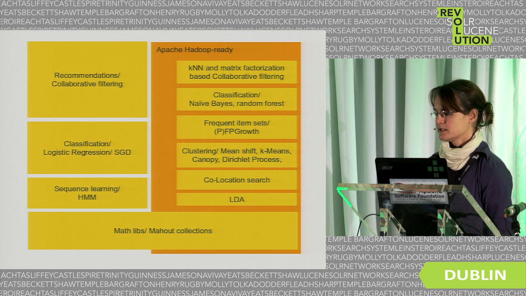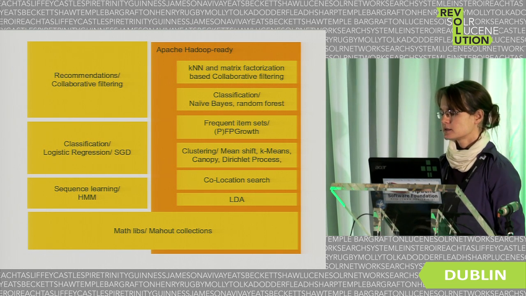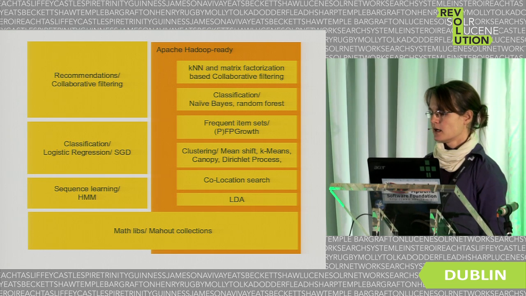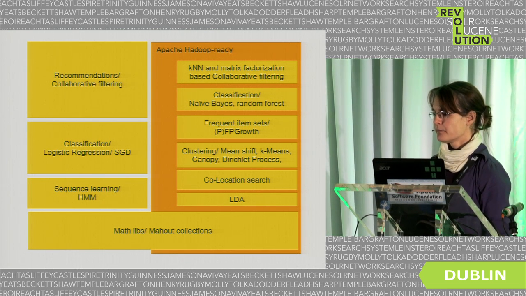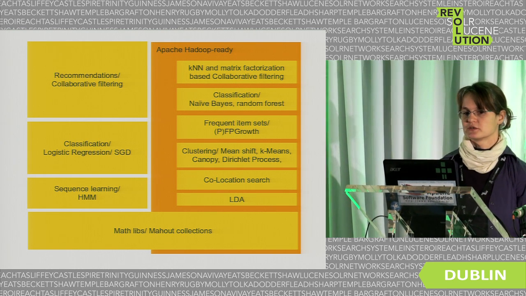It can do stuff like sequence learning. Essentially, it's all based on decent math libraries and collections libraries. And there's a whole lot of implementations that are Hadoop ready for you to use.